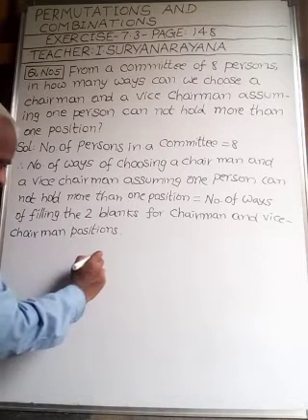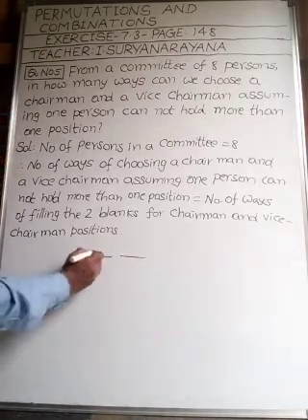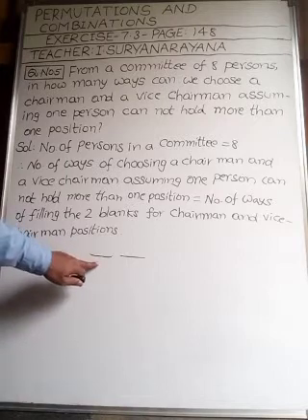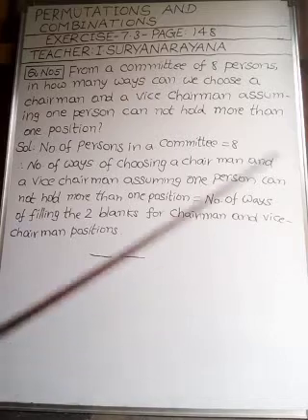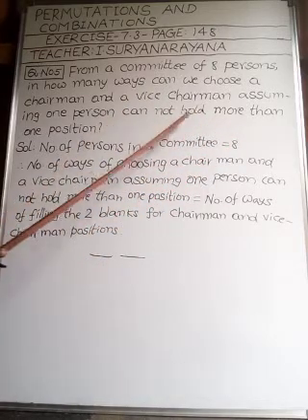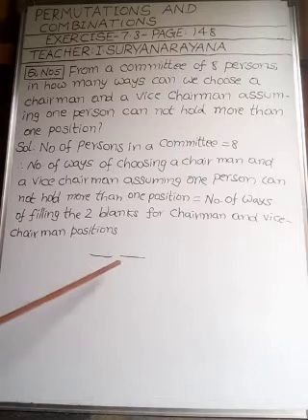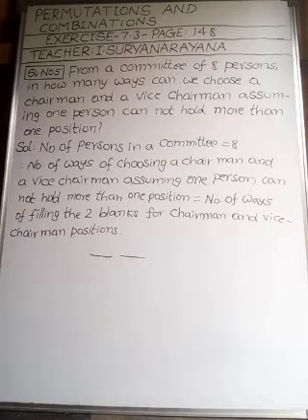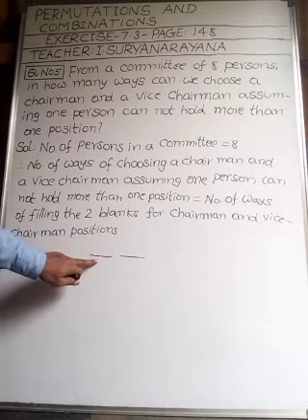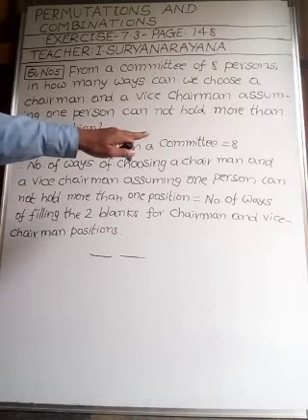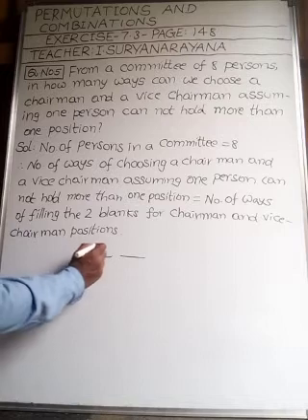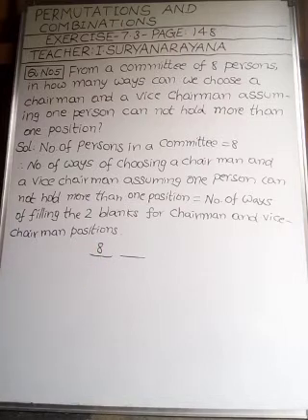Okay, my children. So let us assume that this is for the chairman position and this is for the vice chairman position. It is given that a person cannot hold more than one position, meaning repetition is not allowed. One person should have only one position. For the first chairman position, how many possibilities are there? Out of 8 persons, we can choose any person in 8 ways. Yes or no, my children?